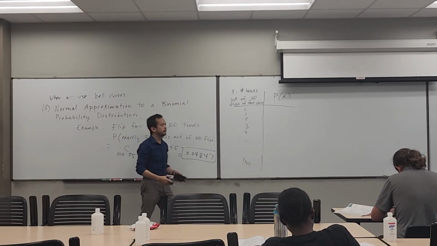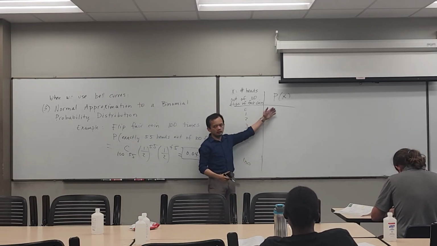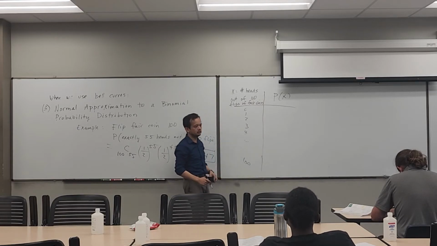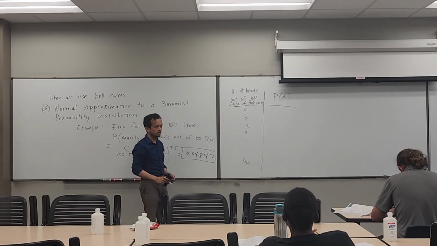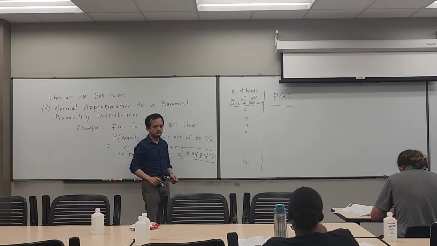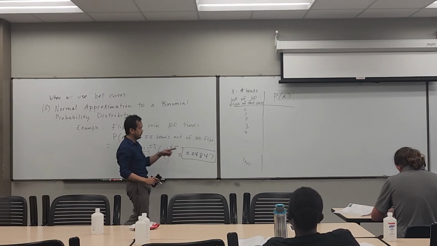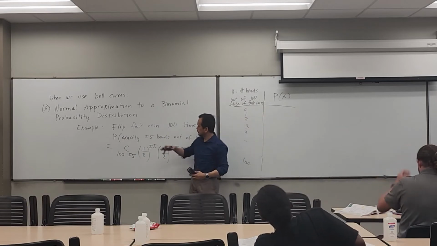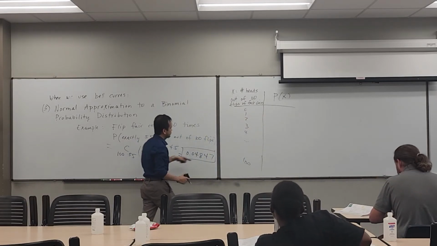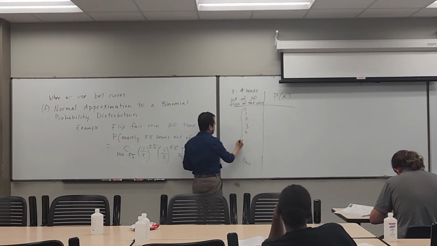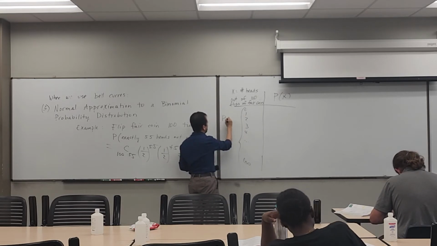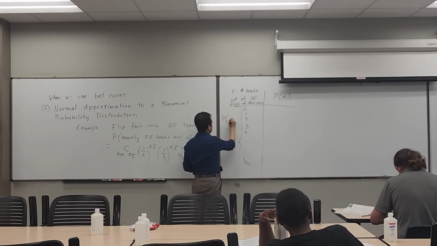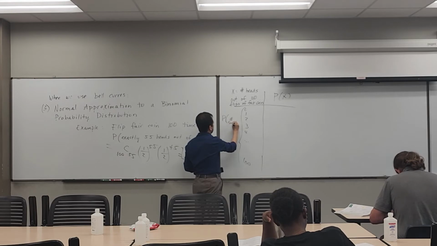And then how do you find the probability of each variable? We use the binomial probability distribution. Yeah, very good. The probability of each of these x values would be the binomial probability formula, because we're dealing with, for each of these, the probability of a number of successes out of another number of trials.